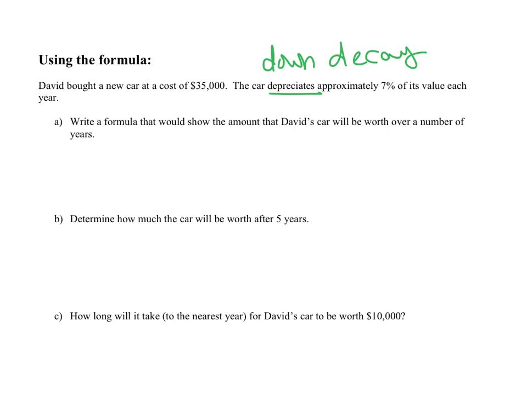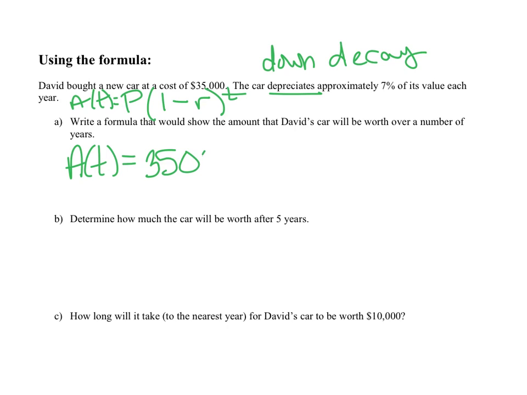So the formula that we're going to be using is A of t equals P times 1 minus the rate to the t power. So the formula is A of t, the initial amount he paid, the initial amount that it's worth, and then 1 minus, so I have to subtract the rate.